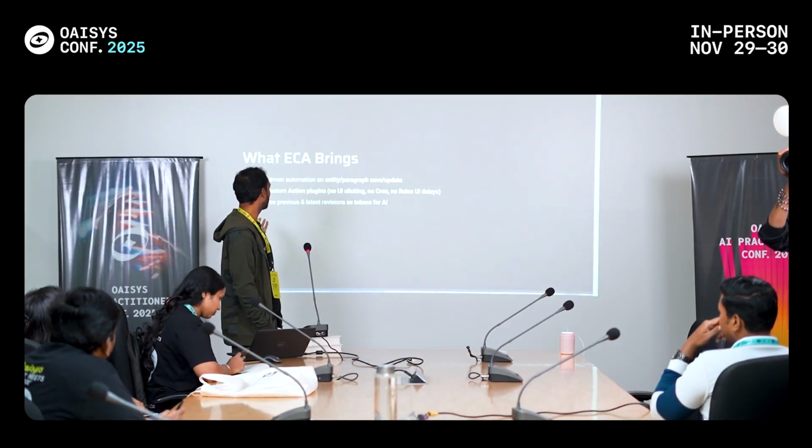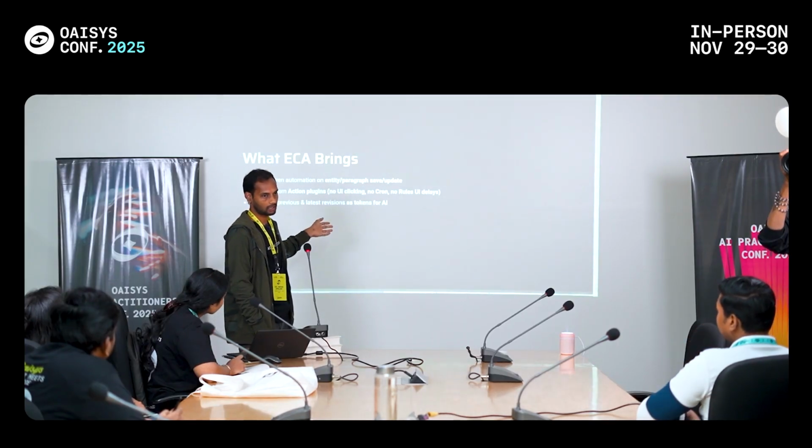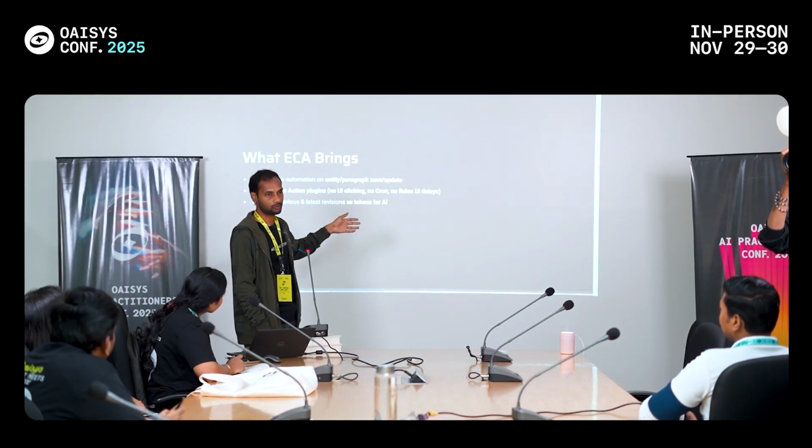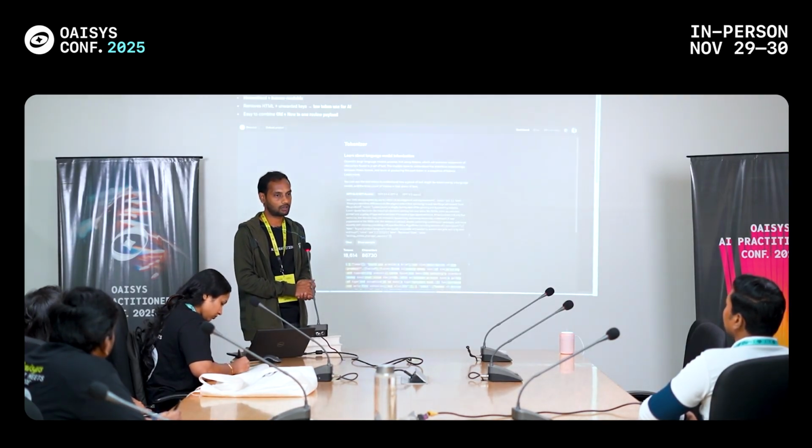So here I will be capturing the previous and latest versions, and as a token I will be passing them to AI using ECA. Recently we came across TOON as a format.